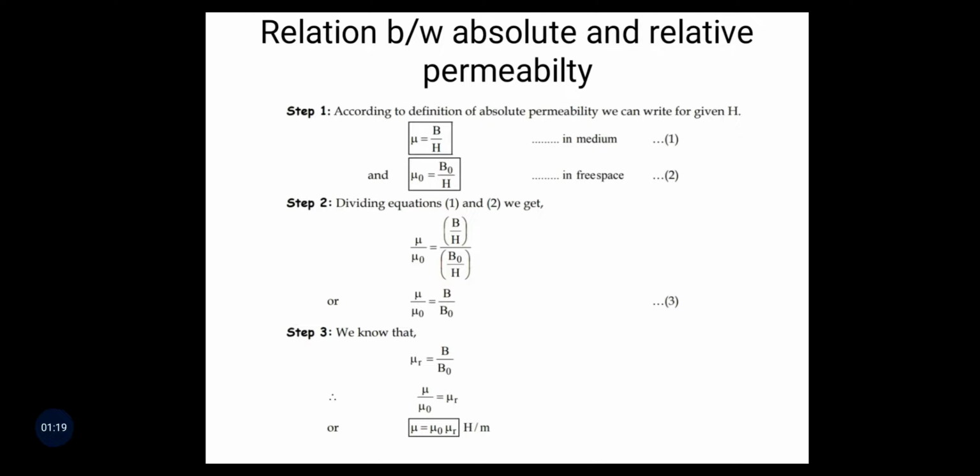We divide both 1 and 2. Mu by mu naught equals B by H divided by B naught by H. Here H cancels. Mu by mu naught equals B by B naught.